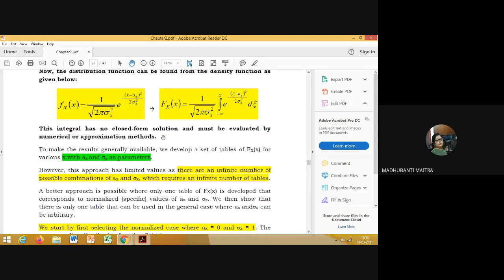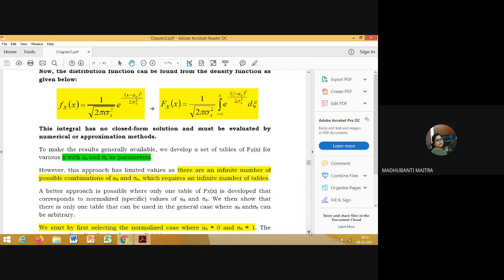Here we'll discuss some approximate methods with the help of which we can find out the value of this, because we want to know the probability that the random variable X will be less than or equal to this small x.